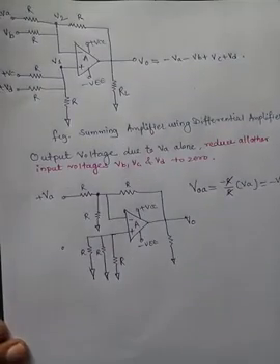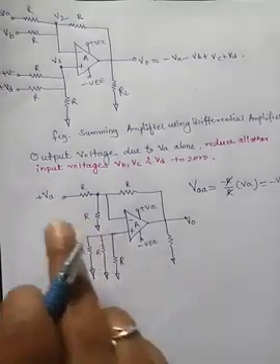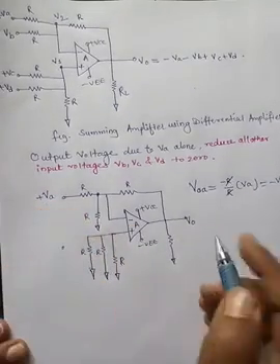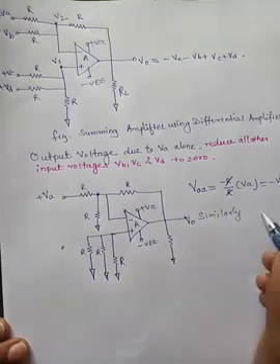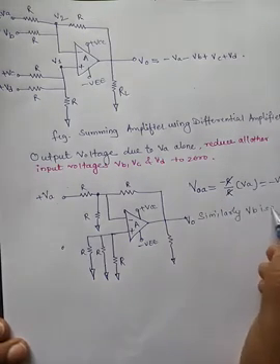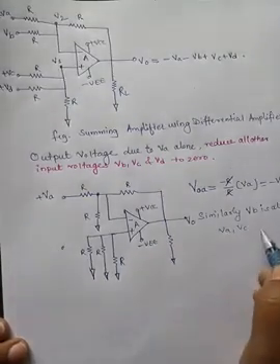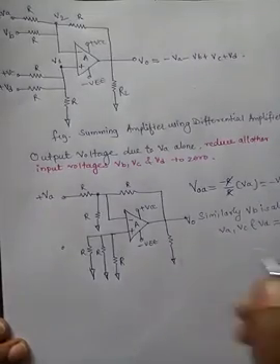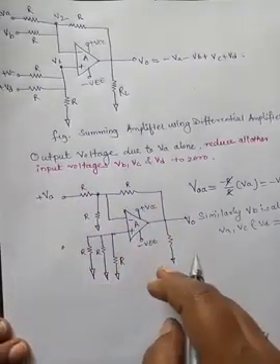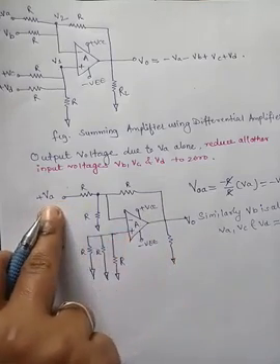So this is one example that we did with all other sources reduced to 0 and only VA present. Similarly, we can write for VB alone present, and VA, VC and VD reduced to 0 volts. The circuit will look similar to this, only here it is VB.